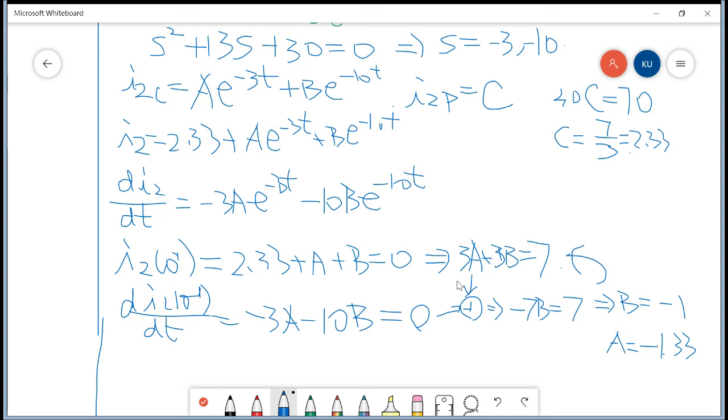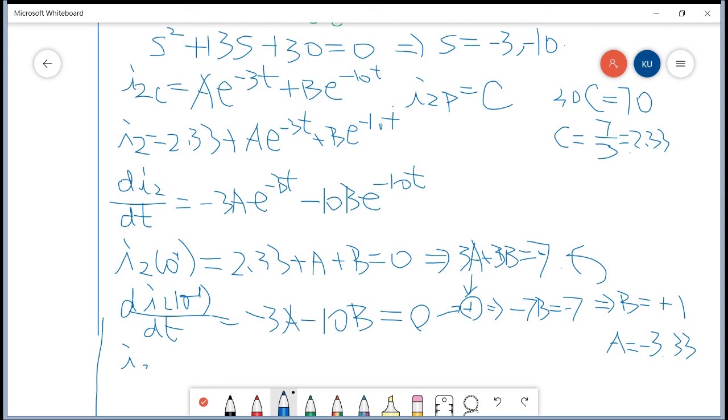Oh no, this is minus 7, so b is 1. So b is 1. A is minus 3.33. Should be like this.